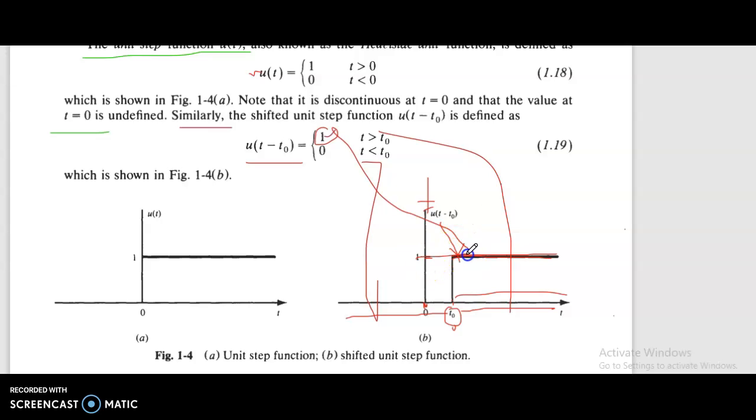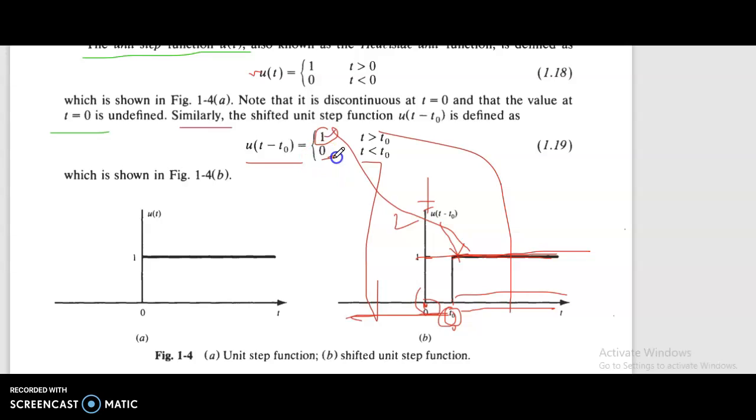Here both are 0, t is also 0, and u of t minus t naught is also 0. So it is 0 when t is less than t naught, in the whole area where t is less than t naught.